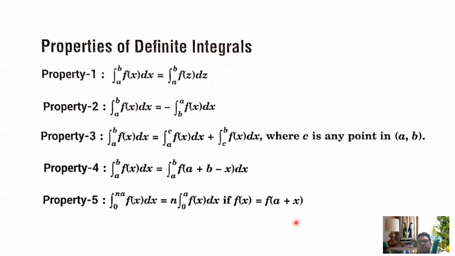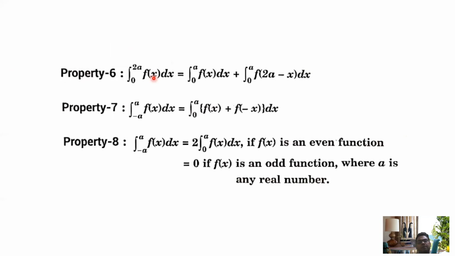If your function satisfies this condition, then only you can write this, otherwise not. Property number 6: the integral from 0 to 2a of f(x) dx is equal to the integral from 0 to a of f(x) dx plus the integral from 0 to a of f(2a − x) dx.